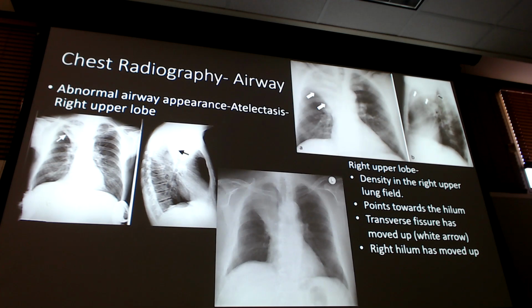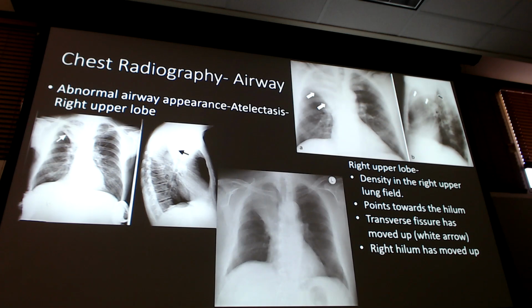If this was a pneumonia, I would not have any shifts of my mediastinal structures. If it was just a pneumonia. On top of that, I would have a sick patient, fevers, recent illness, or current illness. Right? Atelectasis is not an infection.